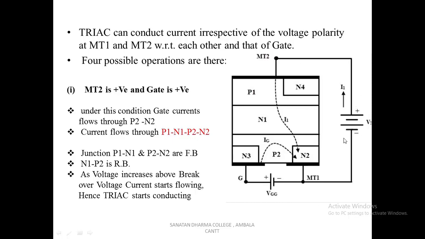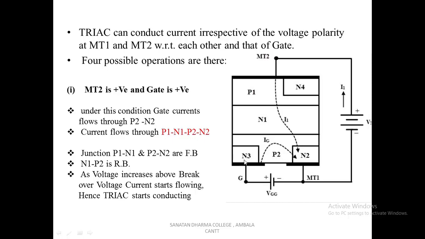So we have applied a voltage supply between MT2 and MT1, and the positive terminal is connected to MT2 because MT2 is positive with respect to MT1, and the gate will also be positive. So this is the supply connection of the Triac. Under this condition, what will happen? The gate current will flow through P2 and N2 because this junction is forward biased.